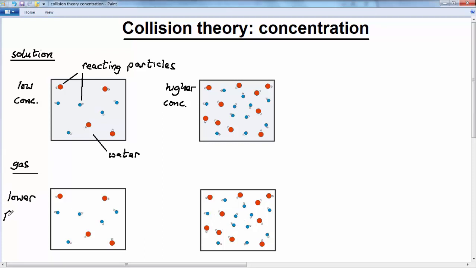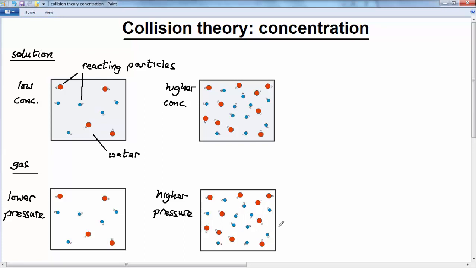There are fewer particles per unit volume. By increasing the pressure, higher pressure, then we increase the probability again of a collision between the gas particles, and therefore we increase the reaction rate between those particles.